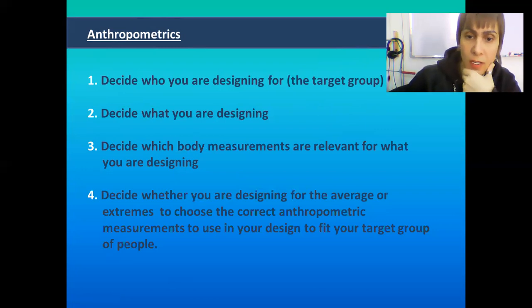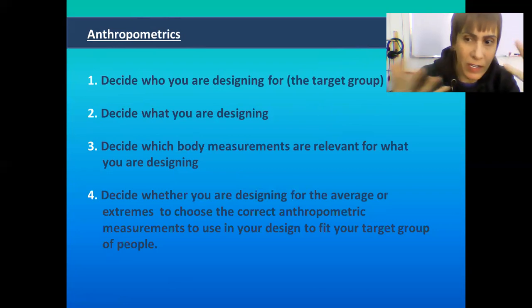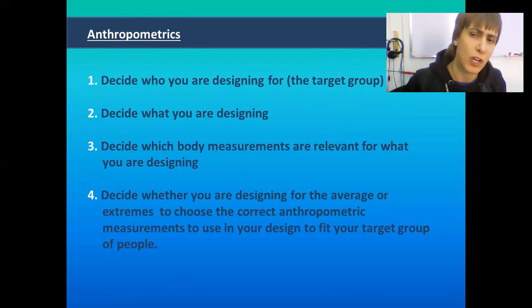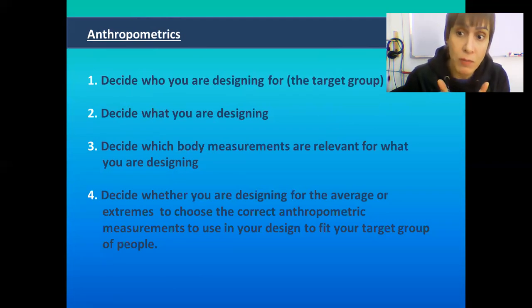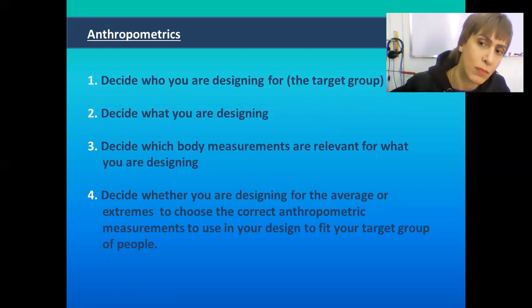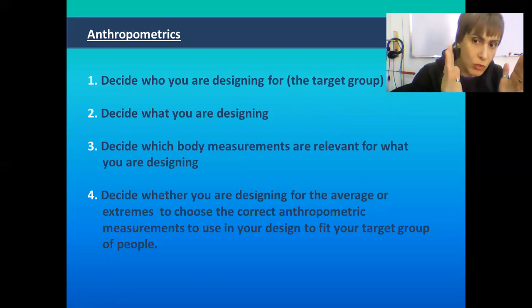Then what exactly are the characteristics of your target group of people? Like, as I mentioned before, sometimes you are trying to design something for people with specific disabilities. So this is a target group of people. I'm designing only for this.